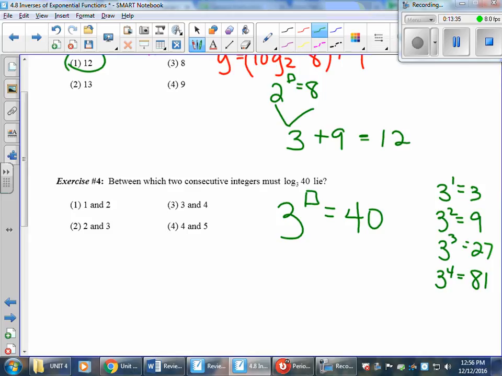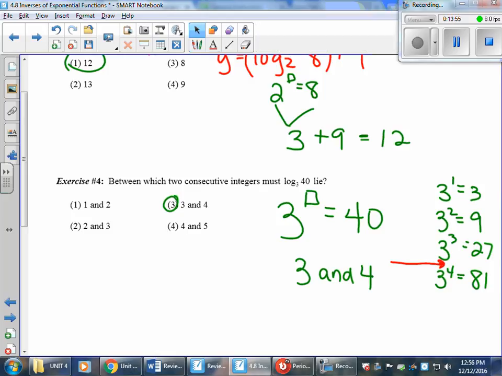So I know it has to fall between 3 to the third and 3 to the fourth. So I know it has to fall between 3 and 4. Right? You understand that? Because 40 would fall between these two right here. So they're saying which exponent would it lie between: 3 and 4.